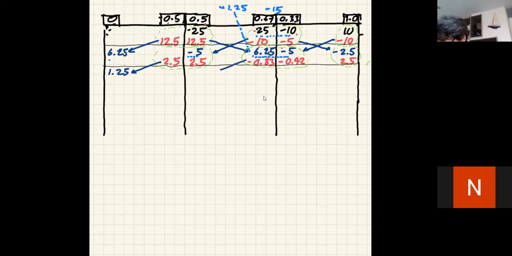This here will come minus 0.42. This will go 1 1/4. This will go minus 0.21. This will come here and 1/4.